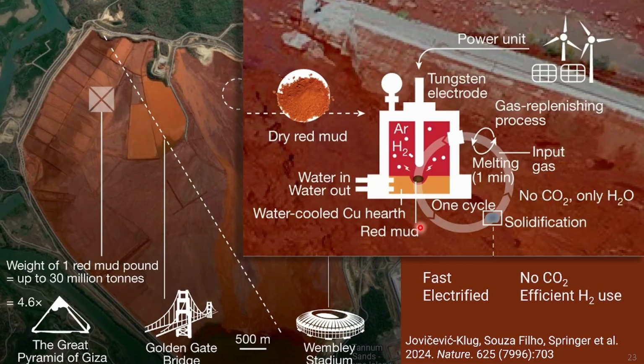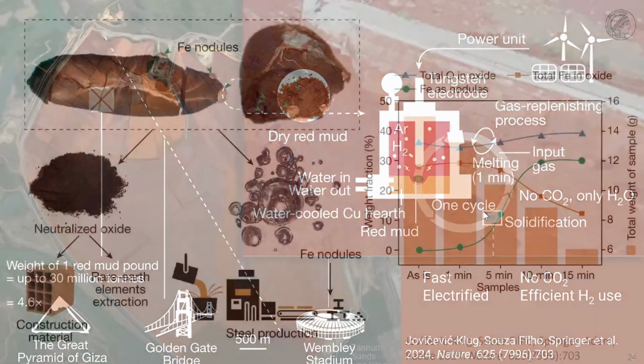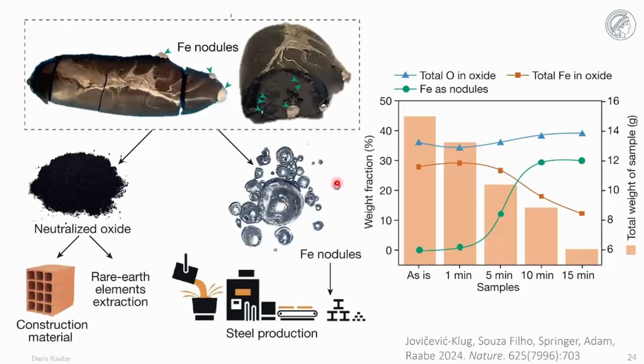And we run the same operation as I showed you before. That means we expose this toxic, iron-containing industry red mud to this hydrogen-containing plasma, often with only about 10% hydrogen, as I mentioned before. We do the same type of operation that we discussed before, and then you are also able to extract the metal from this toxic industry waste.